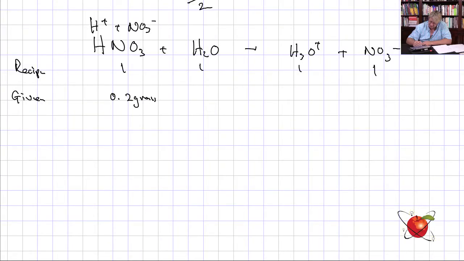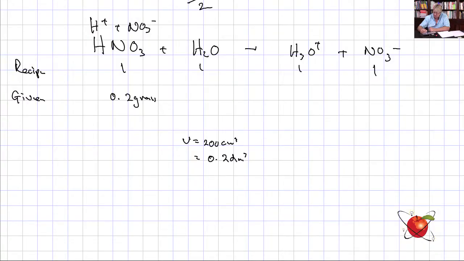So the volume is 200 centimeters cubed. Straight away, we've got to put that to decimeters cubed, 0.2 decimeters cubed, because you're going to divide it by 1,000. Okay, so now we know that.